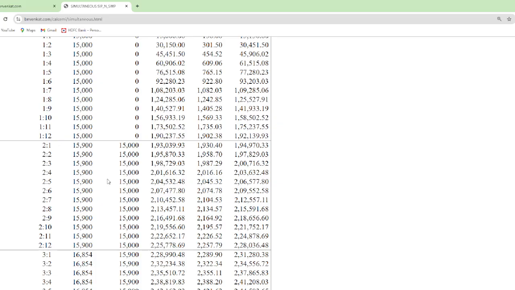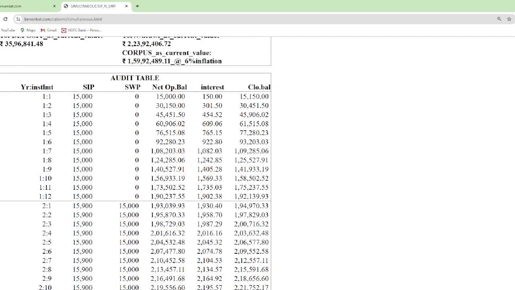Otherwise, it will become short term. The gain you get is considered short term if it is withdrawn within 1 year. Therefore, consider this time lag of T plus transaction day plus 2 or 3 days in case of fund of fund, etc. Keep this in mind, plus holidays in between.